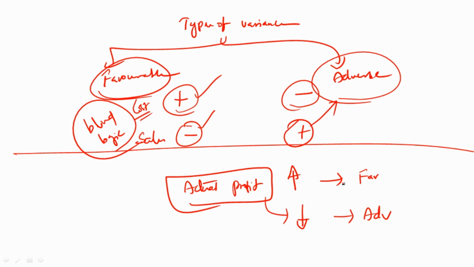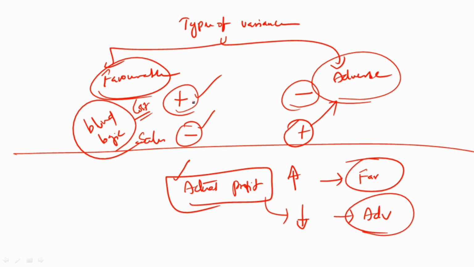You calculate any variance, and after calculating the variance, you try to find out the effect on the actual profit. If that variance increases the actual profit, then that will be referred to as favorable variance. And if that variance reduces the actual profit, then that will be referred to as adverse variance.